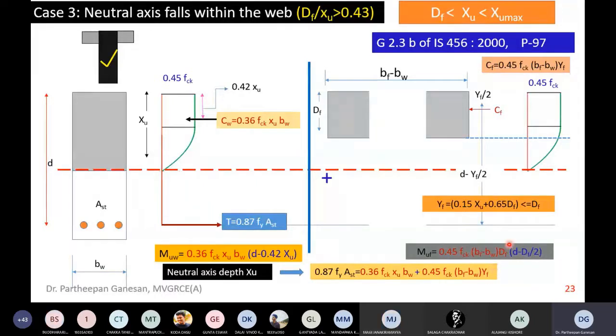Okay. Sorry, this is not correct. I have to make a change here. There is something wrong here. Sorry.